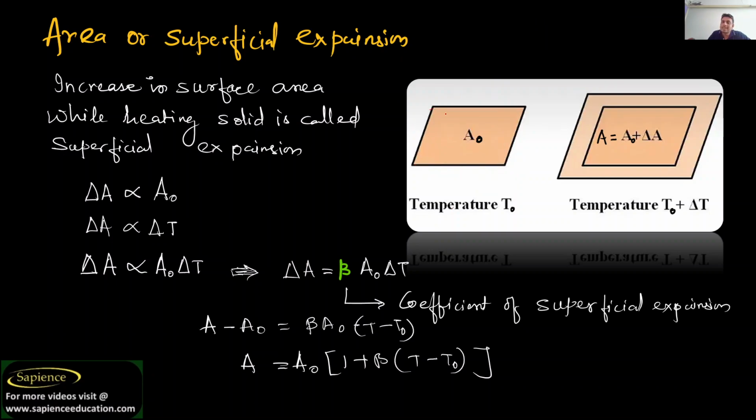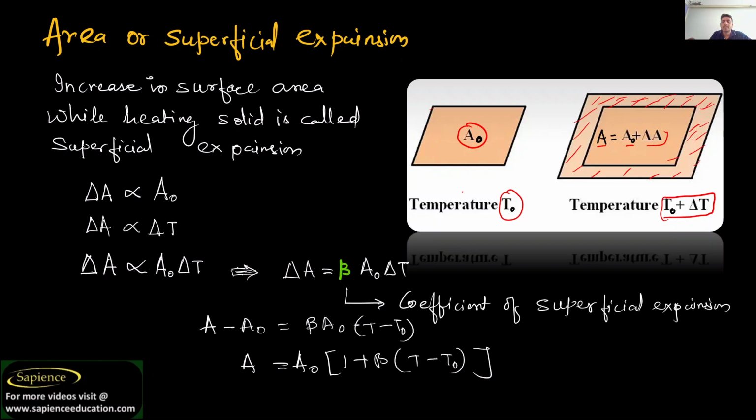Initially the area was A naught, but as you increased temperature from T naught to T naught plus delta T, your area changed from A naught to A naught plus delta A. See here, the area has expanded. That portion has expanded extra, right? This is the change in area. I hope you have understood.